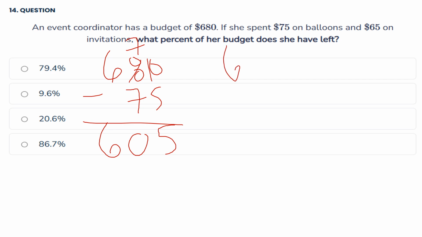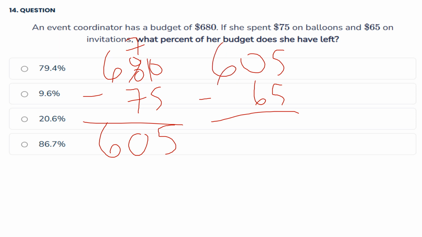Next, we need to find out how much did she have after purchasing those invitations. So we take 605, we subtract that. All right, and sorry, that is a 6. That looks terrible.